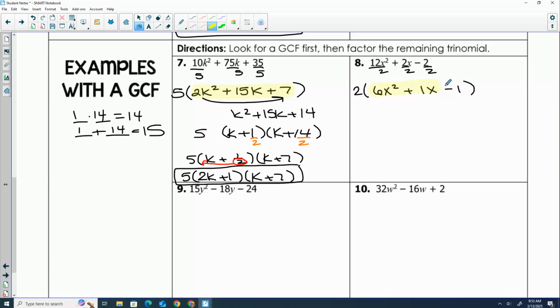If I'm trying to factor this, now we have to slip and slide. I need two things that multiply to -6, add to +1.